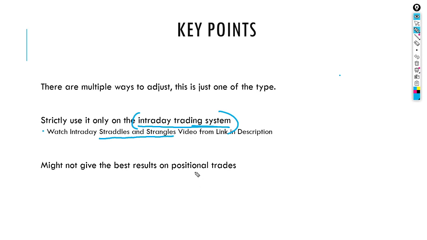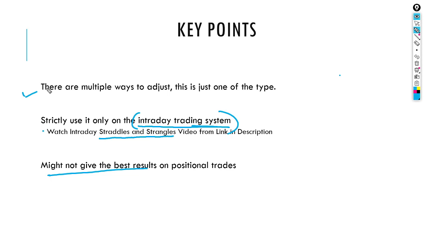You will find two links, one for short straddle, one for short strangle, and we are talking about adjustments for that particular thing only. And do not use this on positional trades, because the way you adjust positional trades is completely different, and we are not talking about adjustments of positional trades. So these three are major points that you have to keep note of.